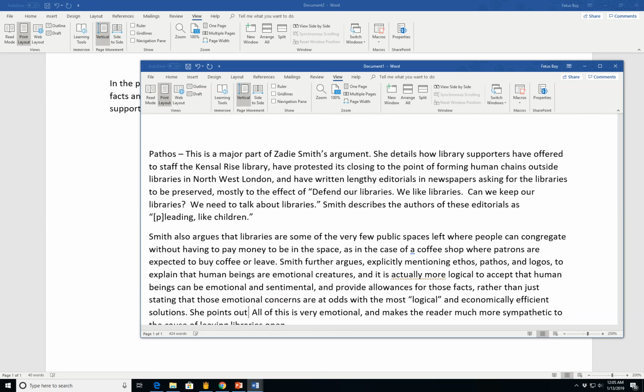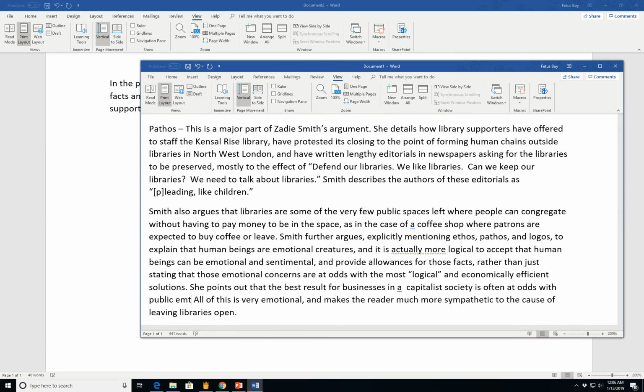She points out that the best result for businesses in a capitalist society is often at odds with public emotional needs, such as libraries. Okay.